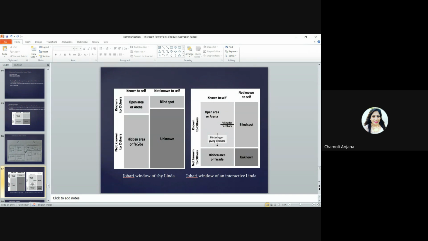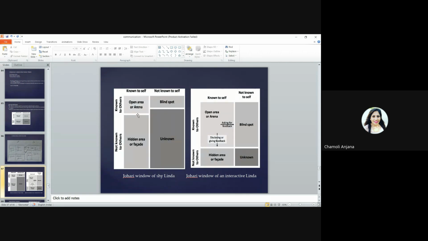How can I reduce the hidden area? What is this hidden area? The hidden area is not known to others. Why are they not knowing? They are not knowing because you are not disclosing your information to others, or you are not giving feedback to others. That is the reason you are not known to others.